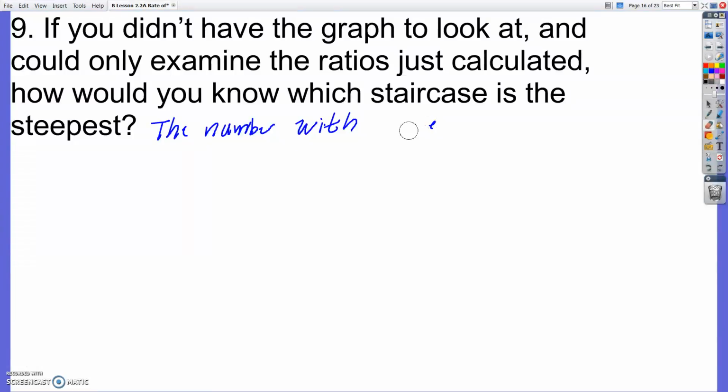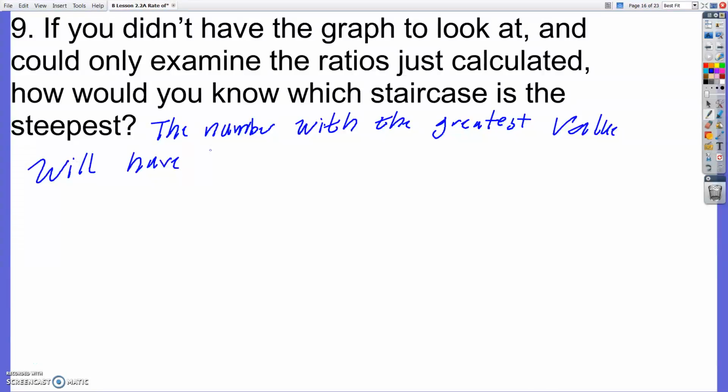Sorry, the number with the greatest value will have the steepest staircase.